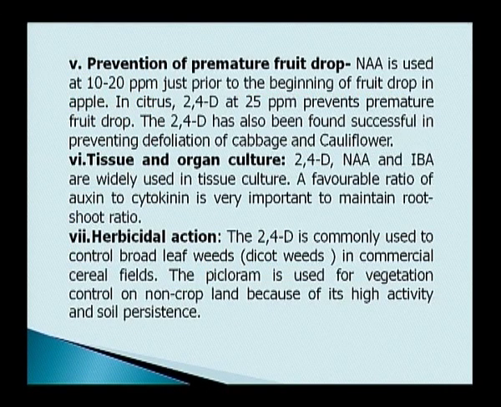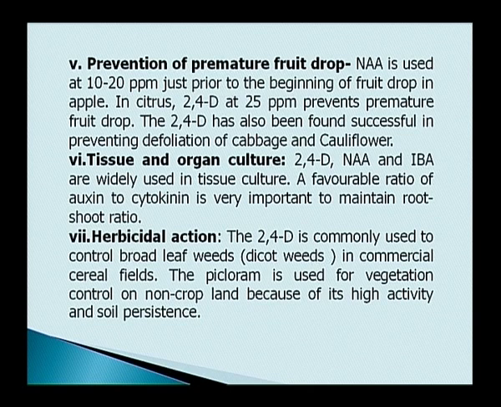This is the prevention of premature fruit drop. Fruit drop in some of the crops is a phenomenon which reduces the crop yield. For this, NAA, naphthalene acetic acid, is used at 10 to 20 ppm just prior to the beginning of the fruit drop in apple. In this way, we can reduce the fruit drop in apple.